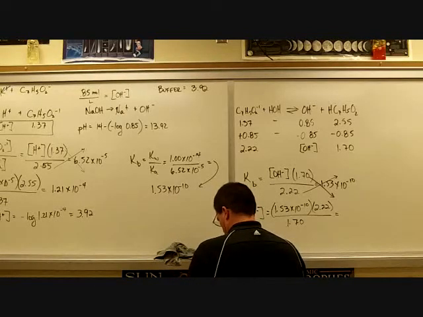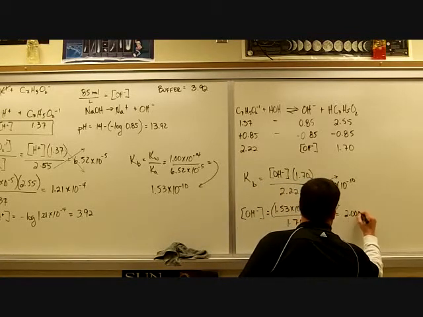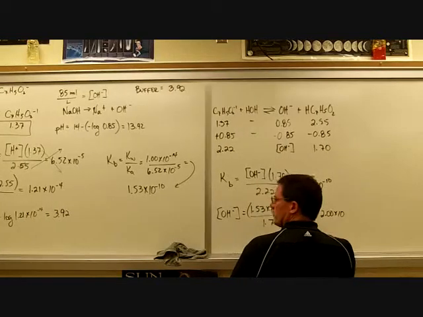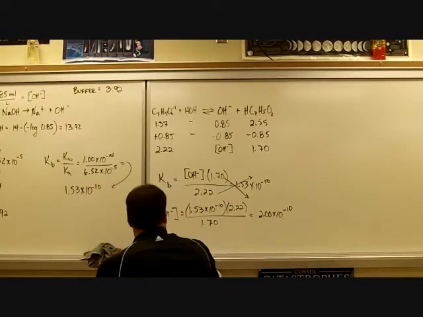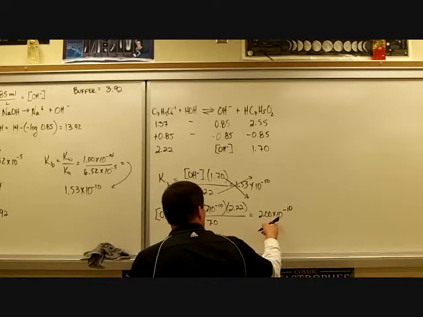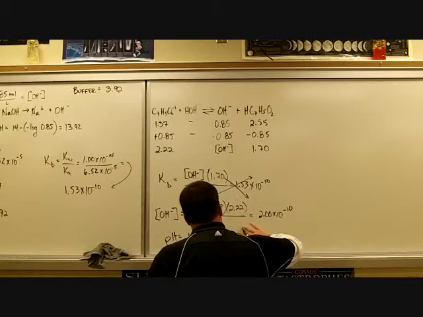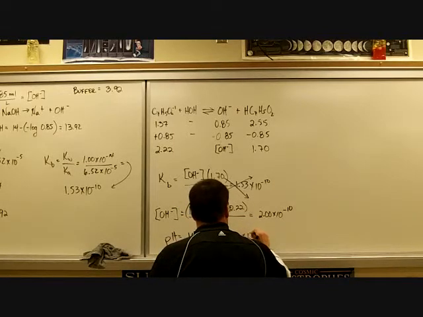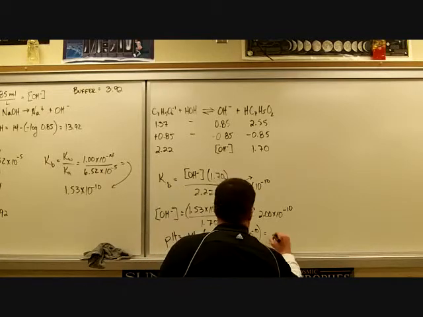So 2.0 times 10 to the negative 10. So to find pH, 14 minus the negative log of your hydroxide, so 2.0 times 10 to the negative 10. 4.30.